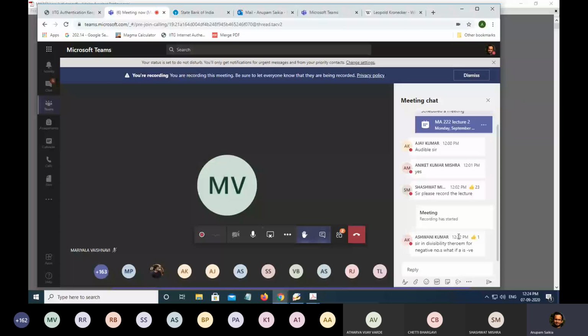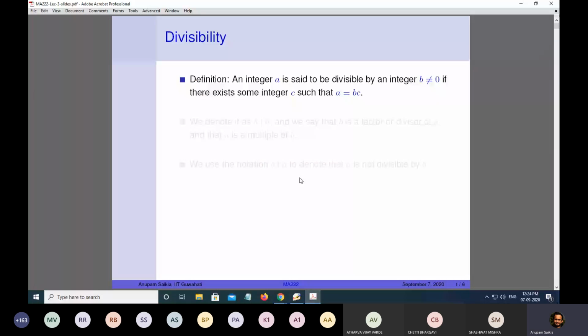So divisibility. When do we say that an integer is divisible by another non-zero integer? This is all familiar: A should be a multiple of B, with zero remainder basically. So remainder 0, we say it is divisible.